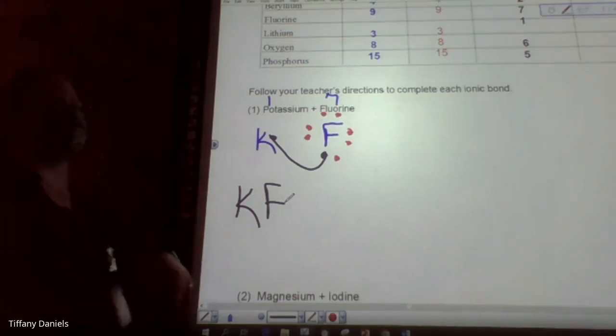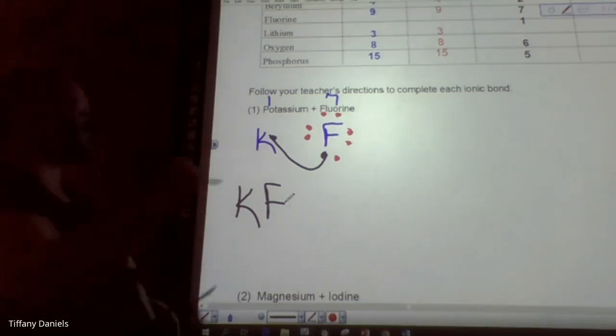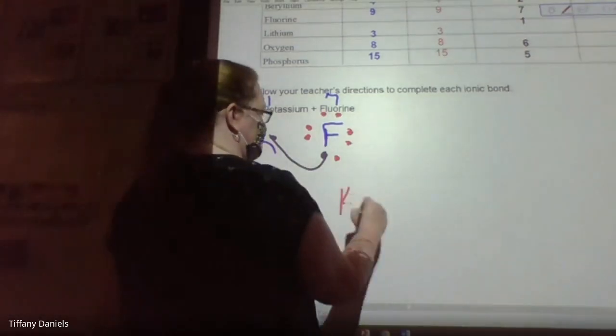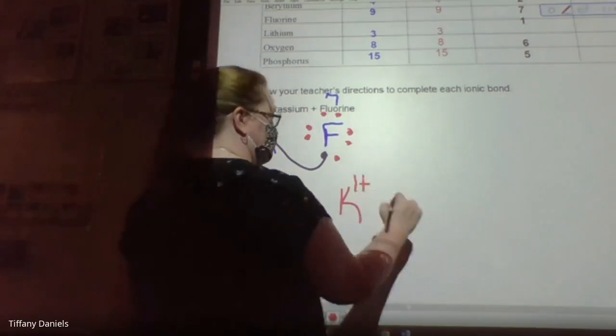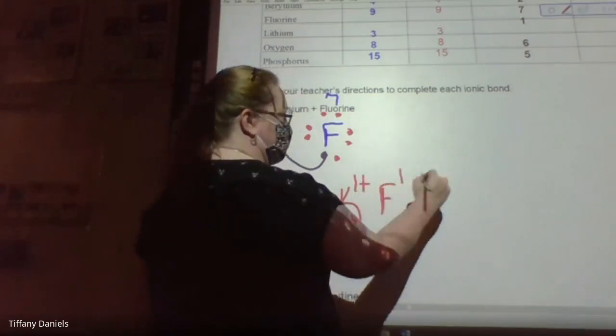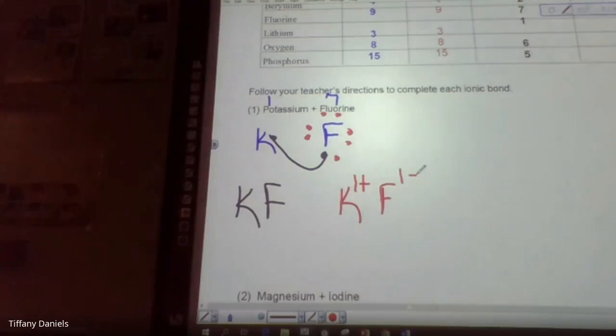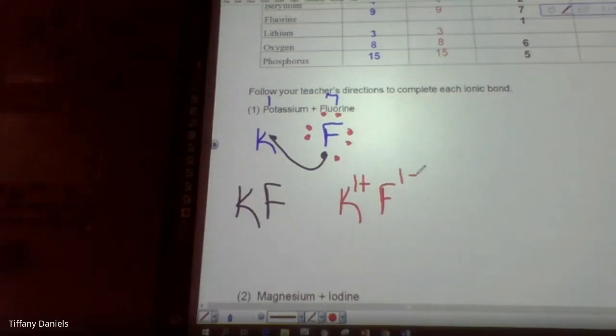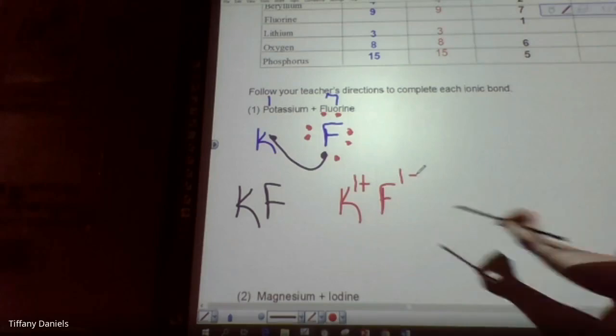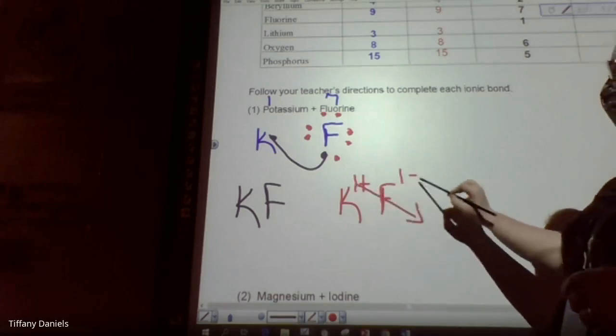Now, if I were to say, show this to me 2 ways, you would say K has a 1 plus and fluorine has a 1 minus. That's their oxidation numbers. So then you crisscross them.